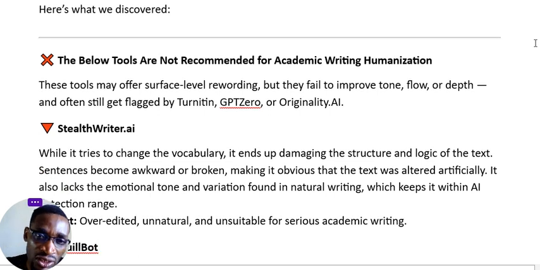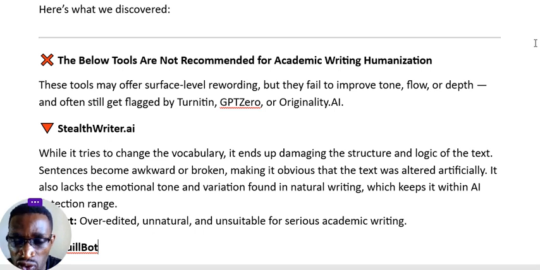The below tools are not recommended for academic writing humanization. It's not that they are not useful. I give the developers great job. They are useful, very useful, but for academic purpose, you need to be careful. These tools may offer surface level rewording, refreshing, but they fail to improve tone, flow, or depth, and often still get flagged by Turnitin, GPTZero, and Originality.